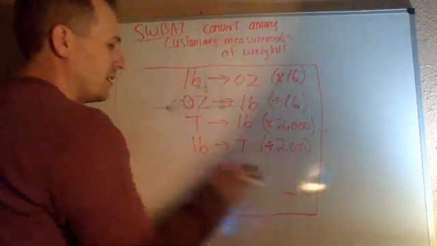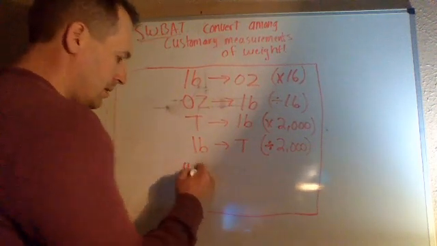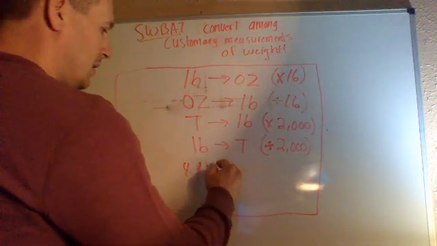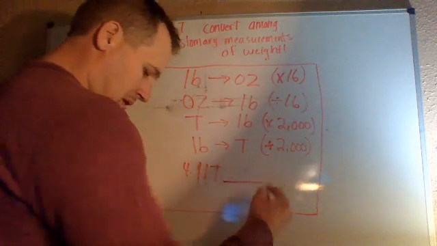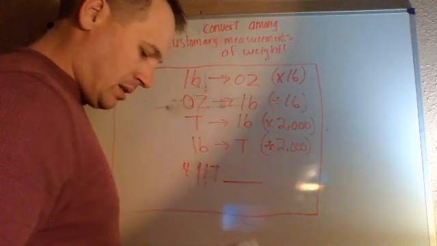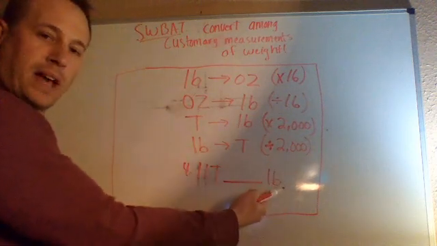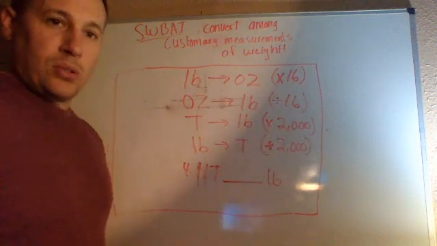Let's look at number 4. Number 4 says you have 11 tons, and you have to go to how many pounds. So we're going from tons to pounds. Tons to pounds is right here, so we have to times by 2,000.